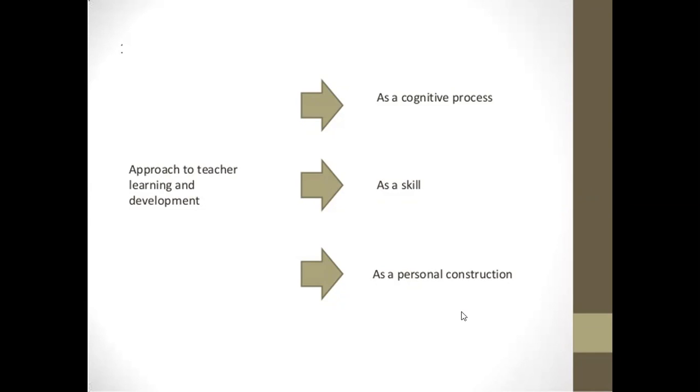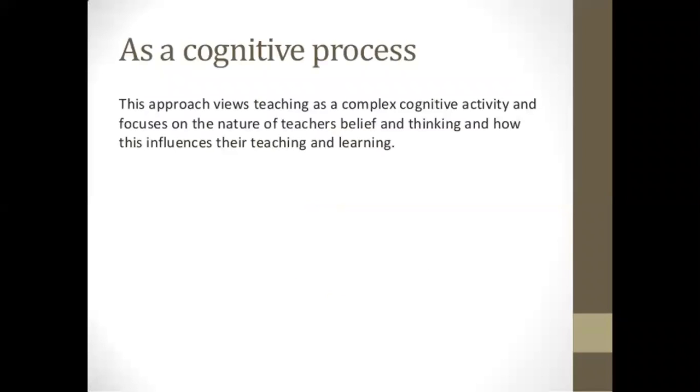Now, we need to analyze each domain: what is all about cognitive, what is all about skill, and what is all about the so-called personal construction or attitude, as the domains of Bloom's taxonomy. First we talk about the cognitive process.